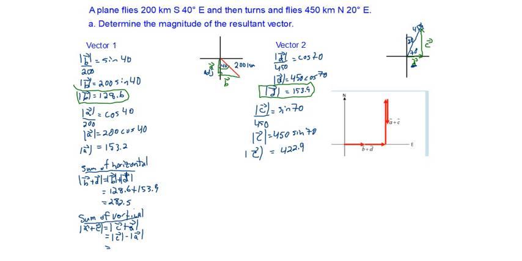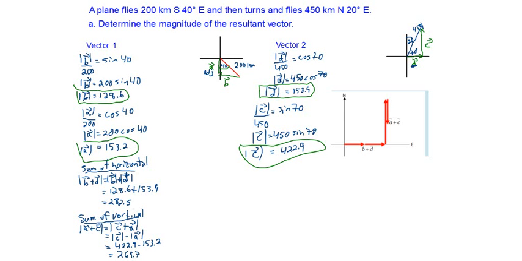And I think I can highlight those here as well. Here's A. Here's C. We want to take C and subtract A. So that's going to look like 422.9 minus 153.2. And that will give us a total of 269.7. All right, we've kind of added the components.